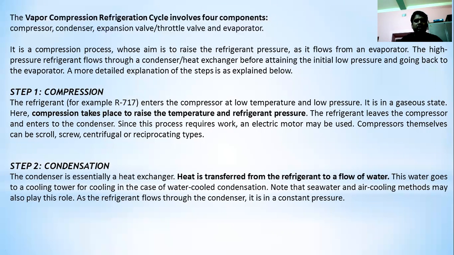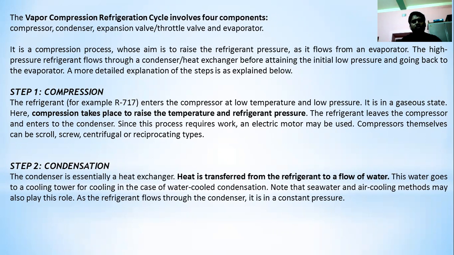Second stage is condensation. The condenser is essentially a heat exchanger, nothing else. Heat is transferred from the refrigerant to the flow of water. The water goes to a cooling tower for cooling. In the case of water-cooled condensation, note that seawater and air cooling methods may also play this role.